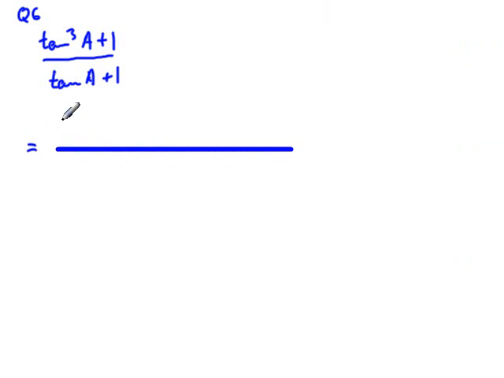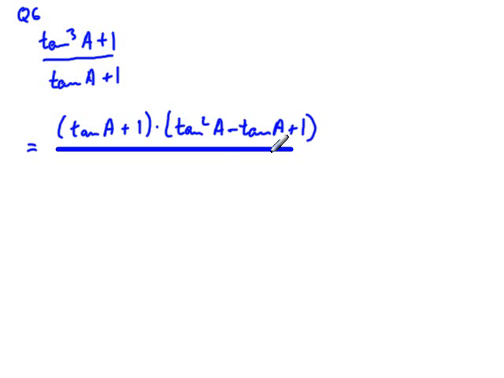Okay, so that one, therefore, again, when you look at the perfect cube formula, it's going to look like this. Tangent squared minus tangent plus 1 parentheses divided by tangent a plus 1.